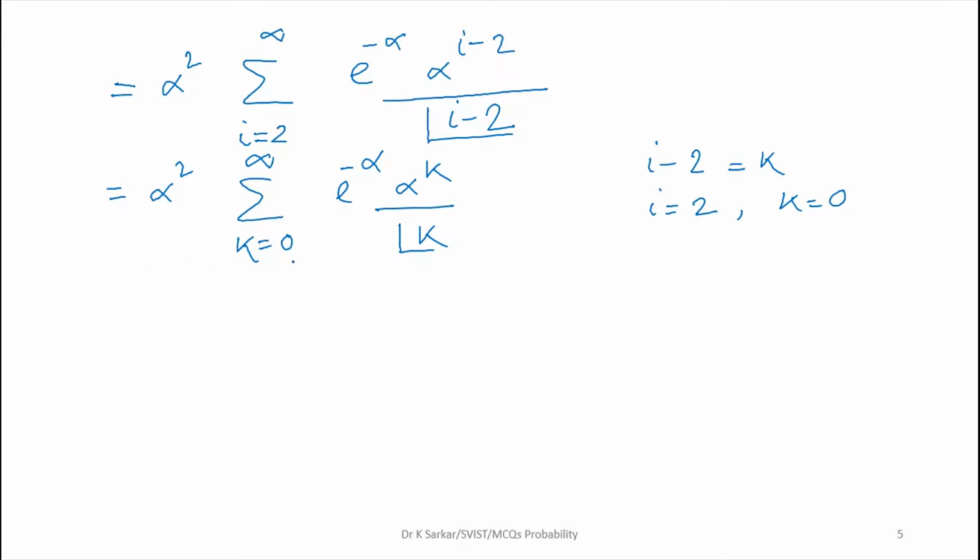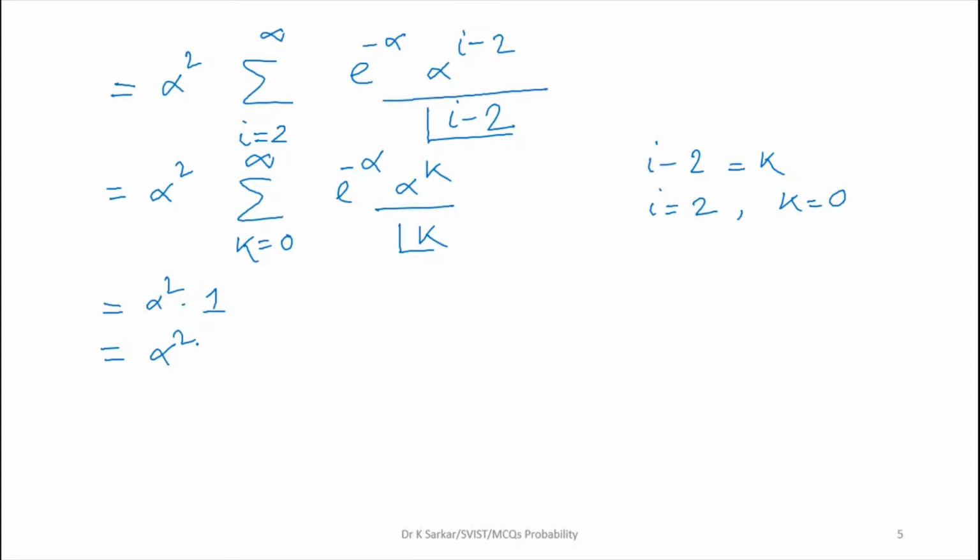According to the property of PMF, sum from k equals 0 to infinity e power minus alpha, alpha power k by factorial k is 1. So it becomes alpha squared into 1, that is alpha square.